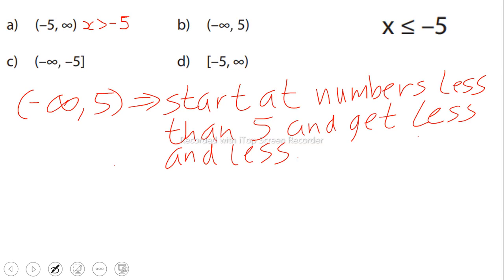So start at numbers less than 5 and get less and less and less and less.